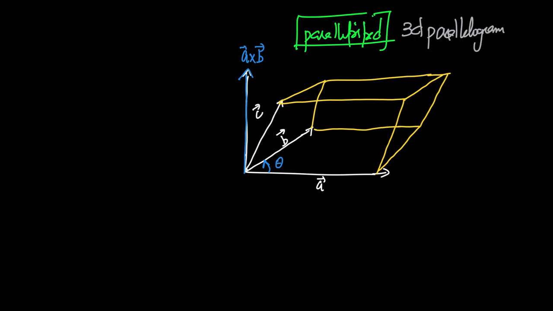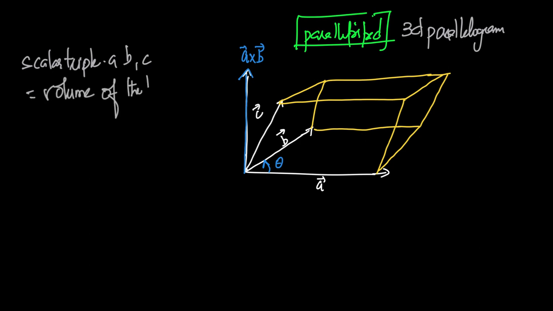Why is scalar triple product applicable here? Because the scalar triple product of vectors A, B, and C gives us the volume of the parallelepiped.